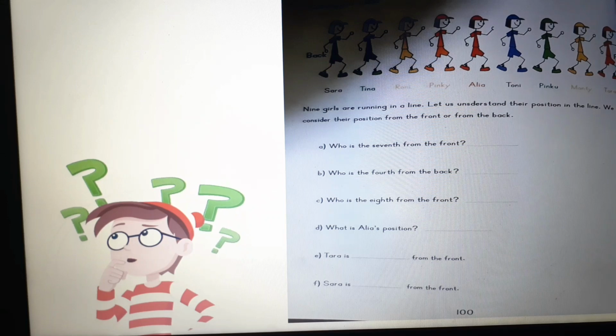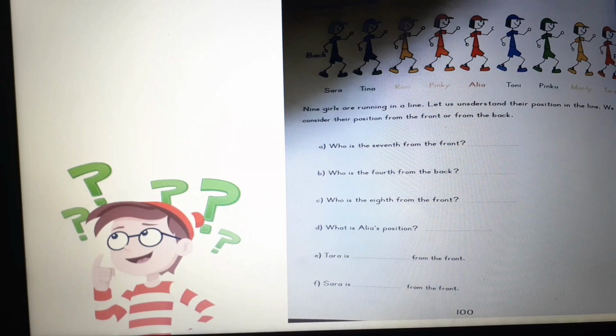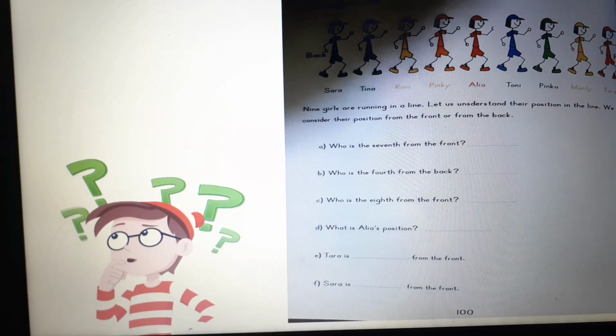Here you can see a picture where many girls are running in a line. We have to find out the positions of these girls, and for this two ways are included, front to back or back to front. So let's move to the questions.